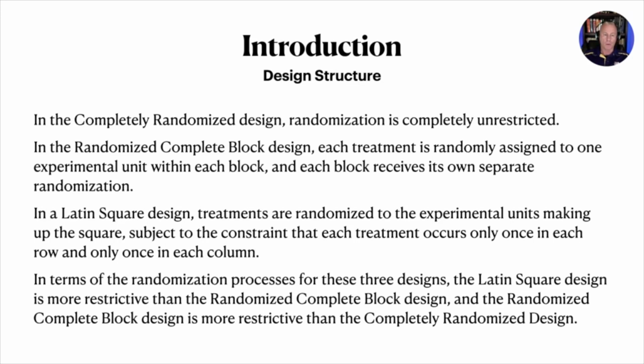In terms of the randomization processes for these three designs, the Latin square design is more restrictive than the randomized complete block design, and the randomized complete block design is more restrictive than the completely randomized design.